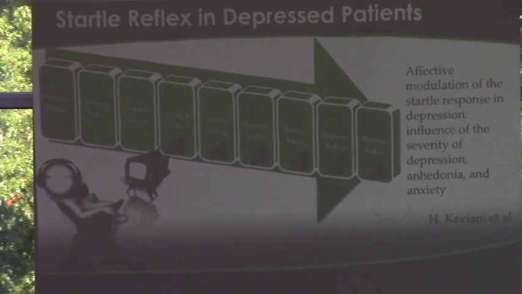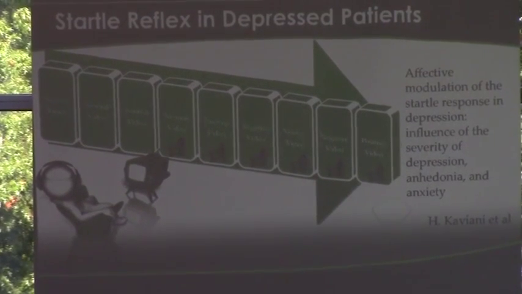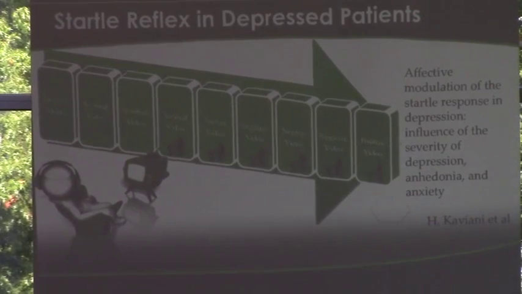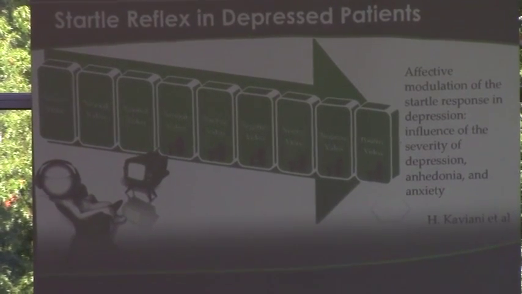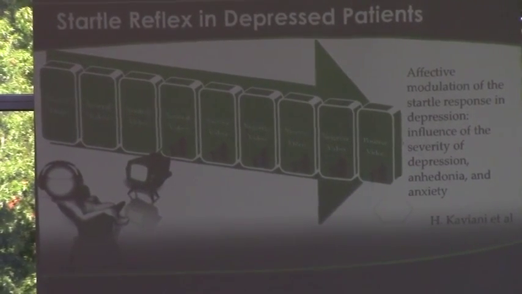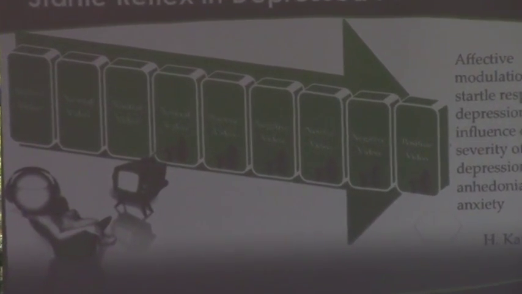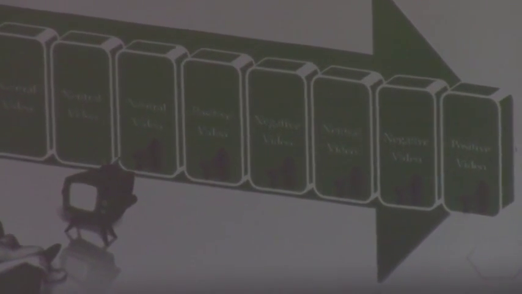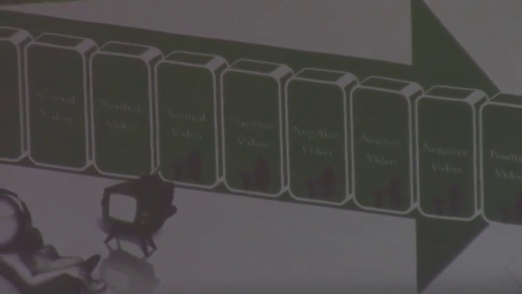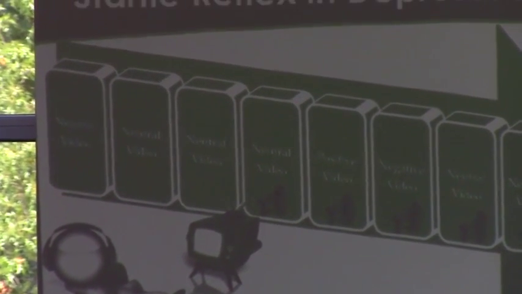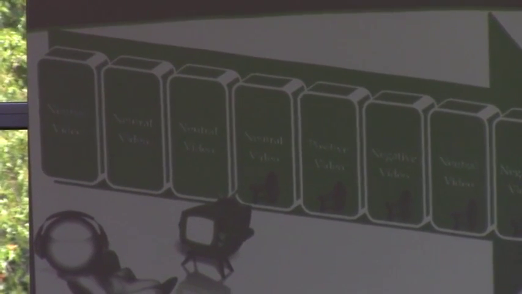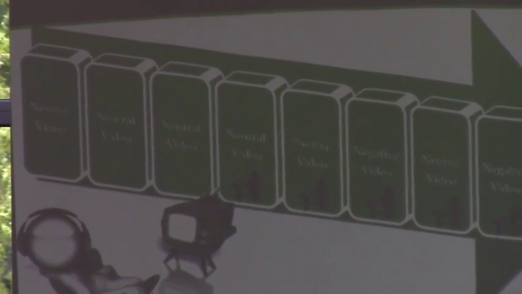The last 6 were arranged in 2 three-clip blocks and shown in the following order: 1 neutral, houses and objects, and positive, it's a comedy, negative, it's a surgery, and neutral, another neutral, it's a street scene.